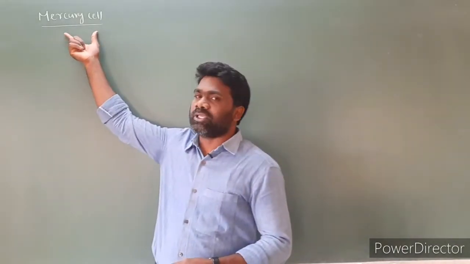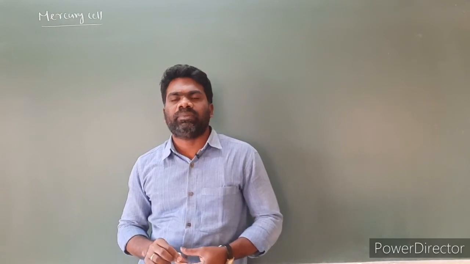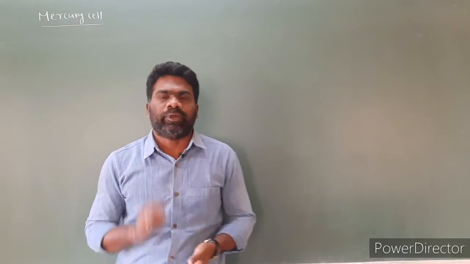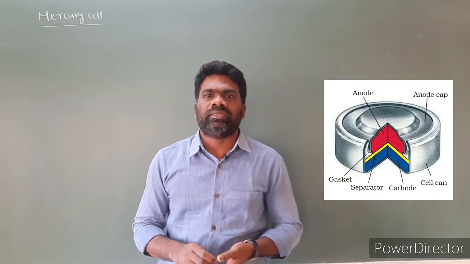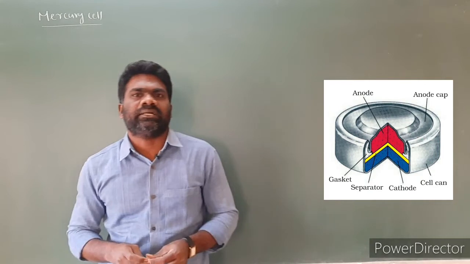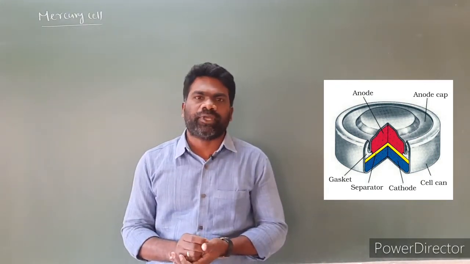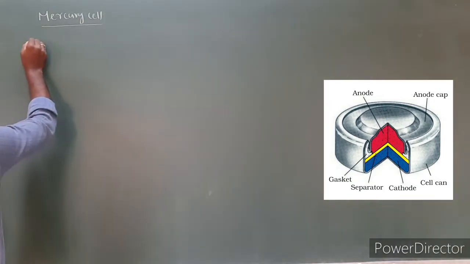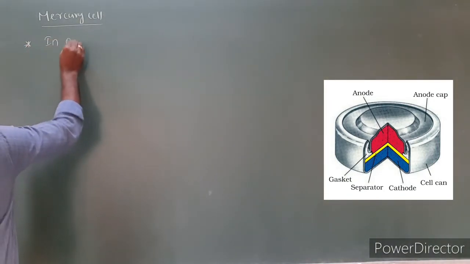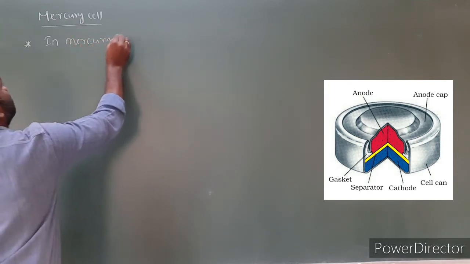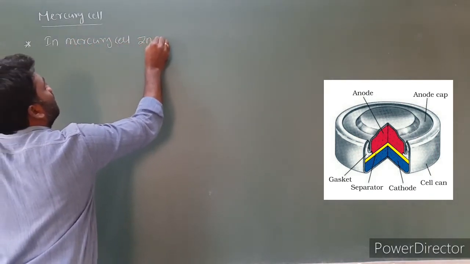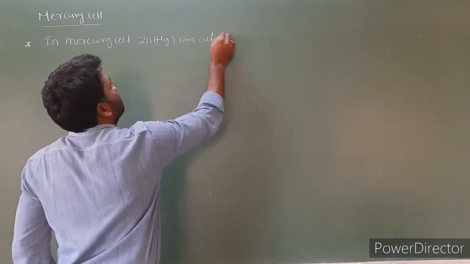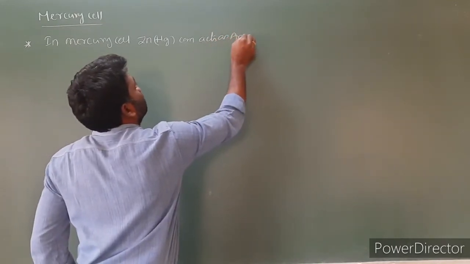Next, the mercury cell. The mercury cell is an example of primary batteries. In mercury cell, zinc mercury amalgam acts as the anode.